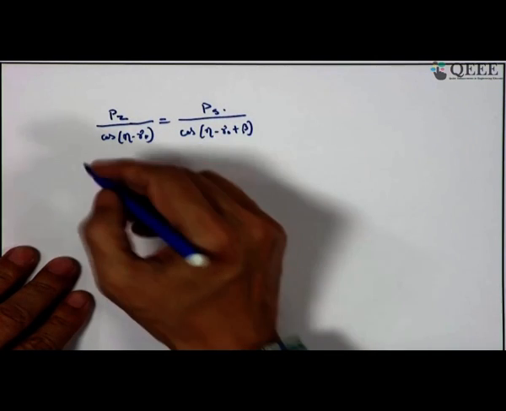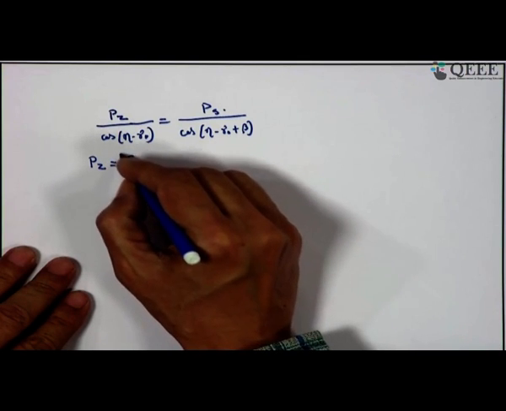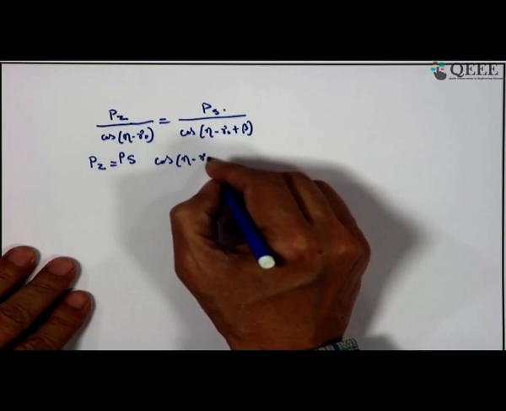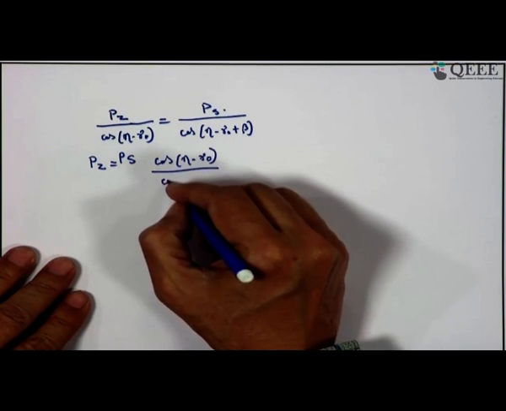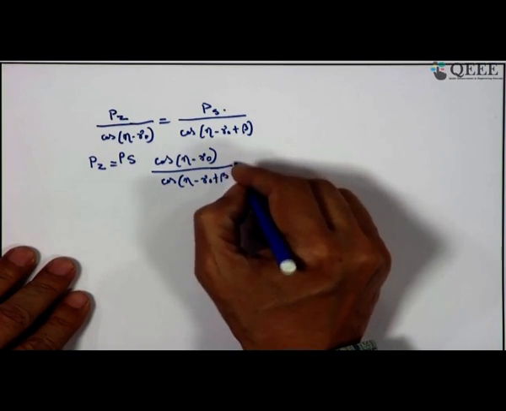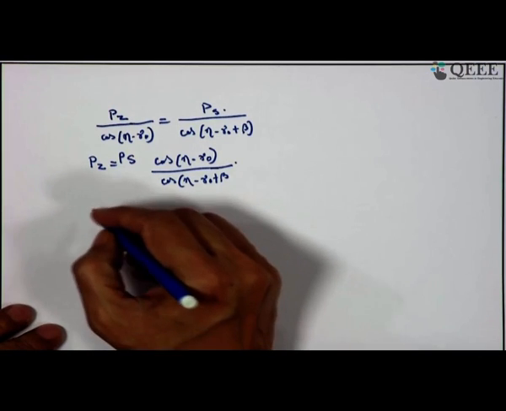Now, from this we get Pz is equal to Ps into cos of eta minus gamma O divided by cos of eta minus gamma O plus beta. Now, you have to replace Ps. What is meant by Ps? It is a shear force. So, shear force means area under shear into the shear stress, the dynamic yield shear stress. Okay. So, how to replace this Ps?